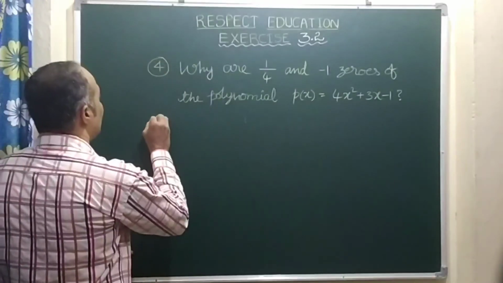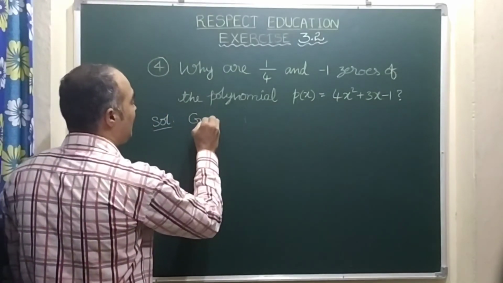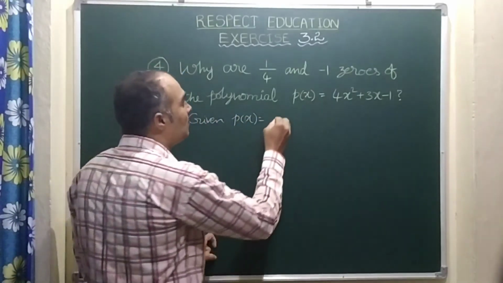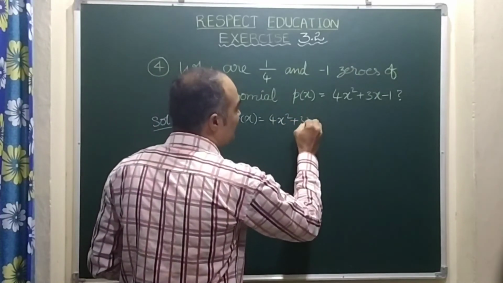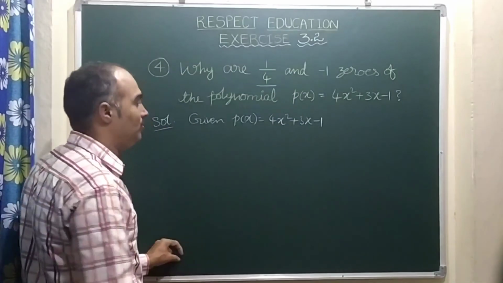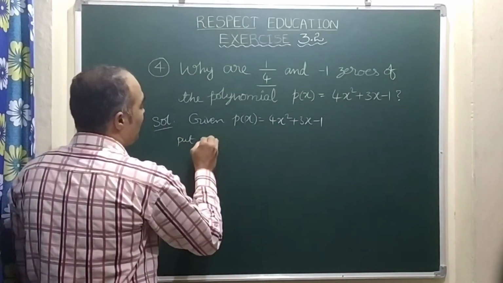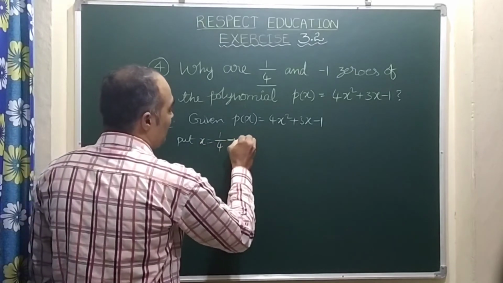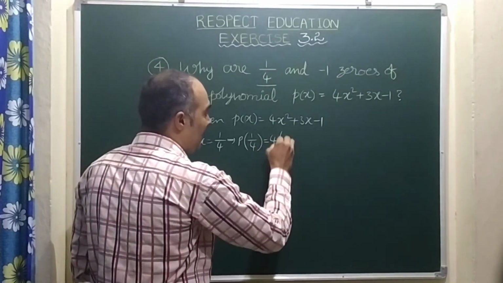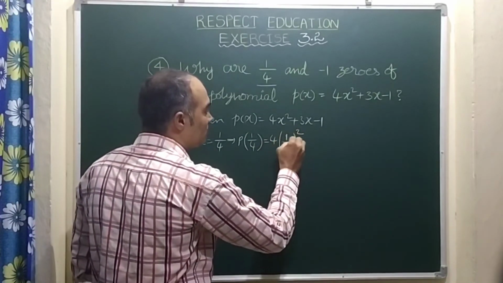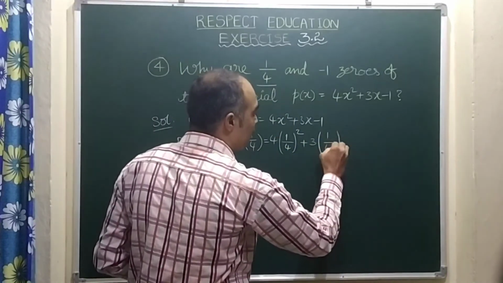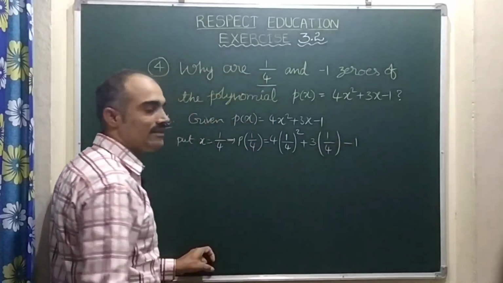So here first let us write the given polynomial, p of x is equal to 4x square plus 3x minus 1, right? Now first let us substitute 1 by 4 in place of x. So put x equal to 1 by 4, then p of 1 by 4 is equal to 4 times 1 by 4 whole square, plus 3 times 1 by 4, minus 1.